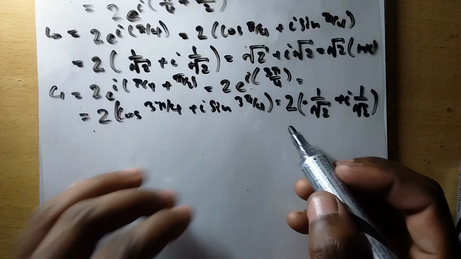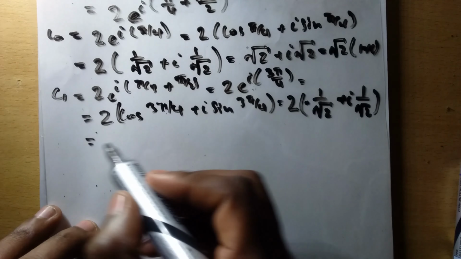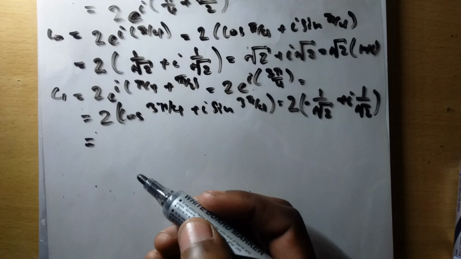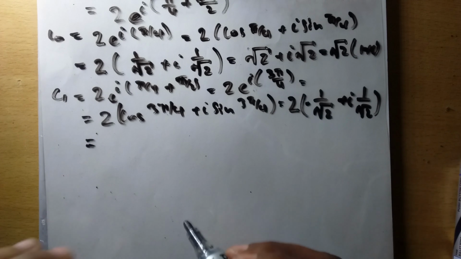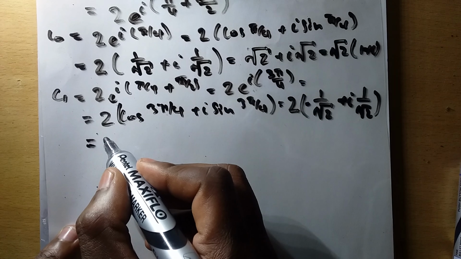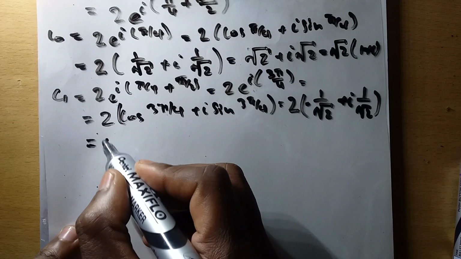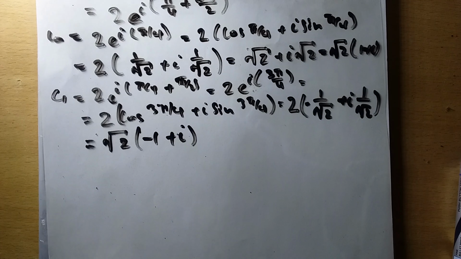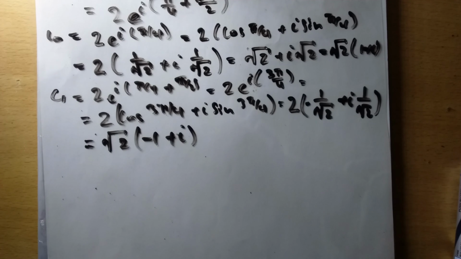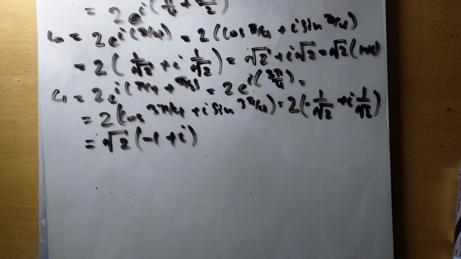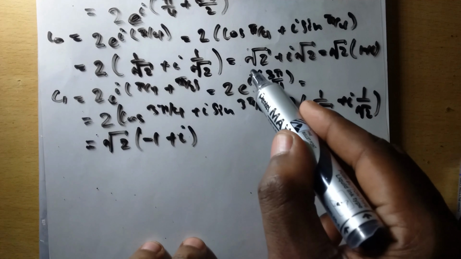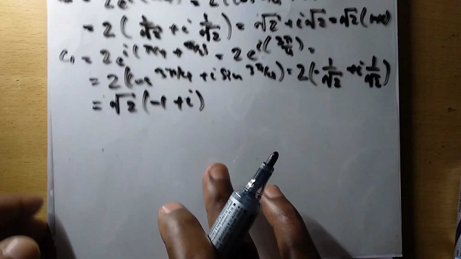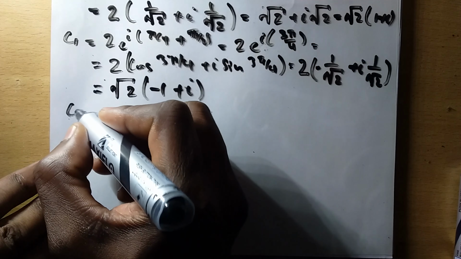We're going to do the same thing of multiplying by the root of 2 on these fractions, and then we're going to have the root of 2 times (minus 1 plus i). So I skipped this step from the previous example, and now let us go and find C2.